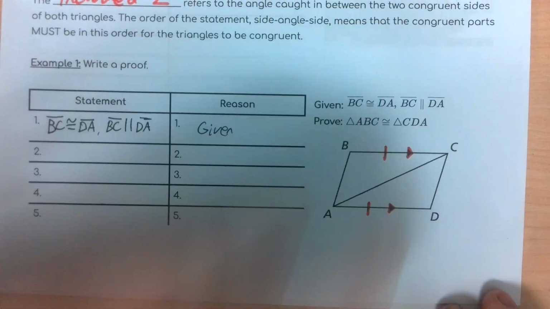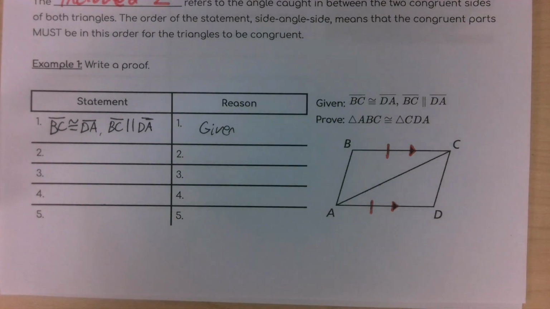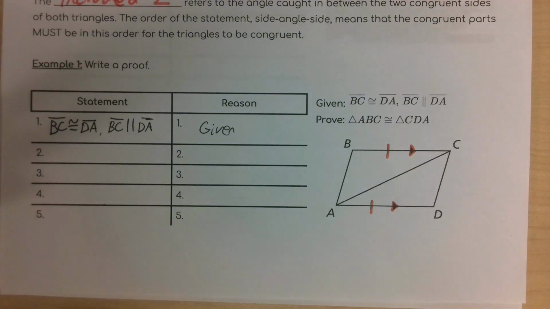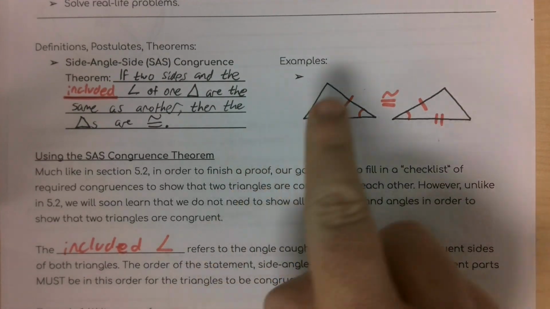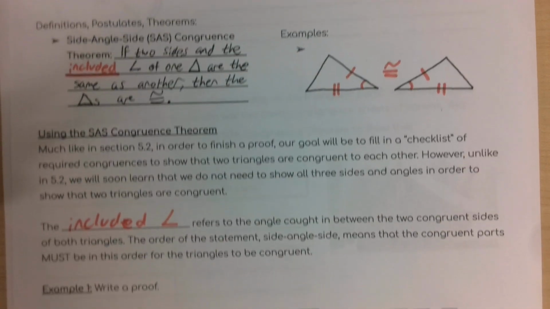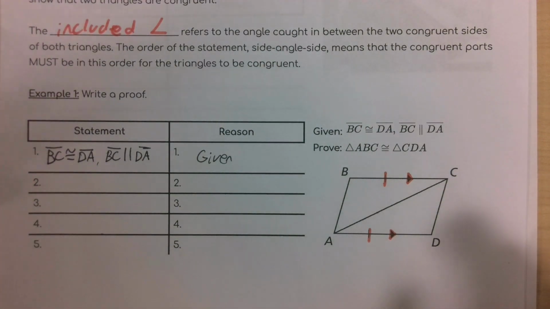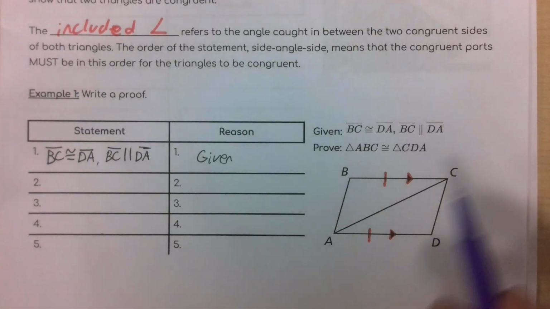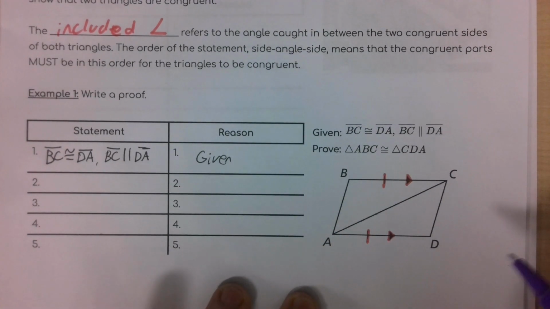If we really want to show that these two triangles are the same, we need to show either that all 6 sides and angles are the same, which is a lot of work, or we could use side, angle, side. We just need to find a side, angle, and another side all in a row that are the same. Well, looking at this, we see that we have two parallel lines.